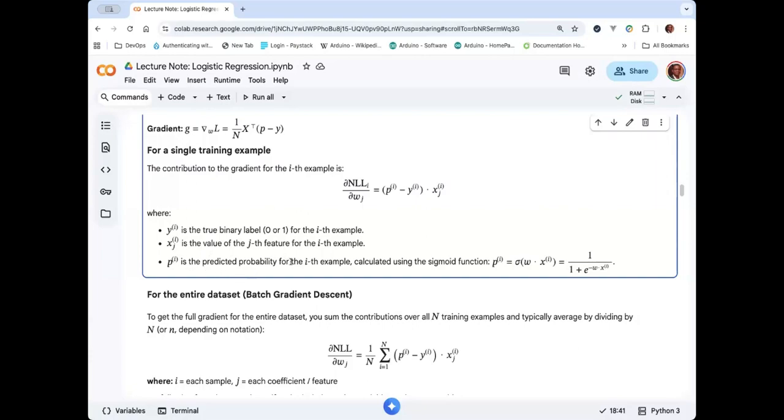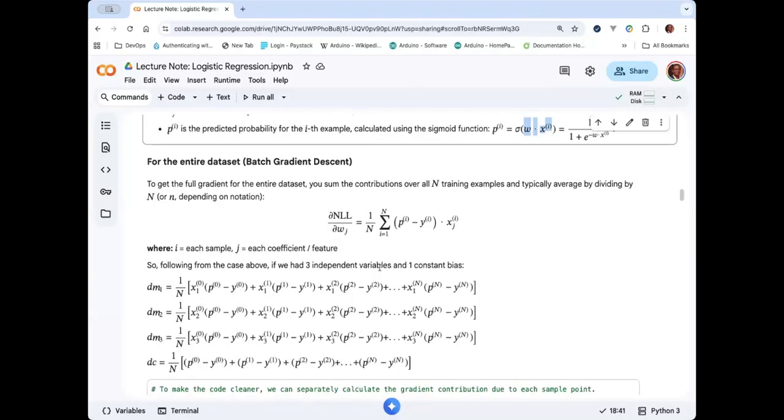And again, remember the probability is predicted using the sigmoid function, which is 1 over 1 plus e raised to the power minus w dot x. It's interesting to see that this w dot x is the same thing as z, the linear combination of the different features.